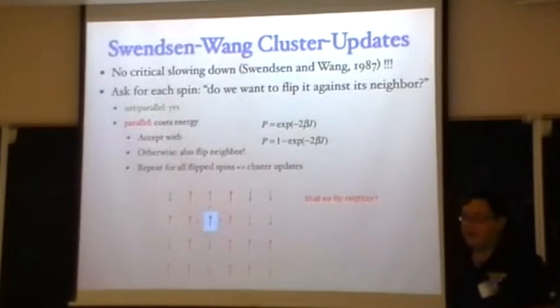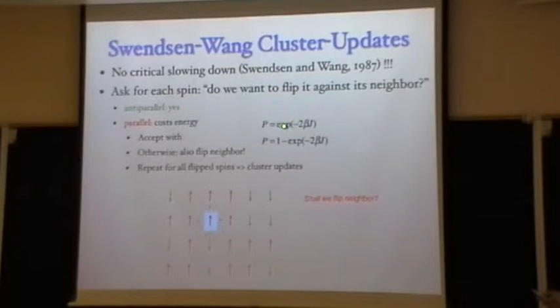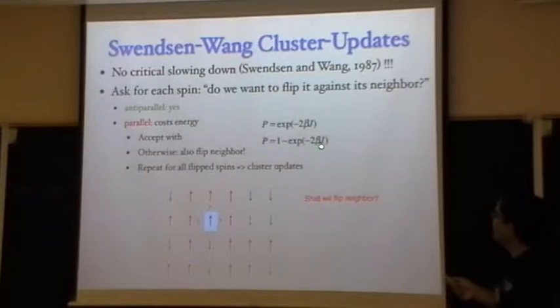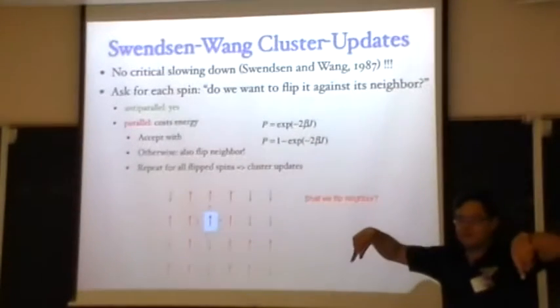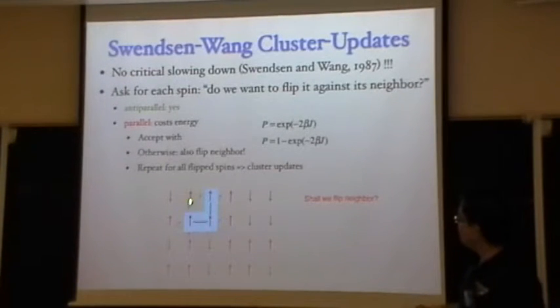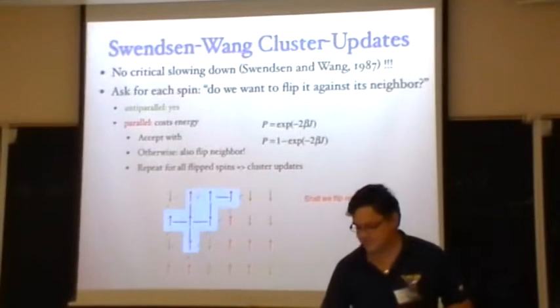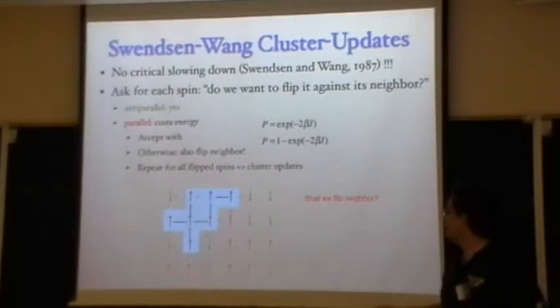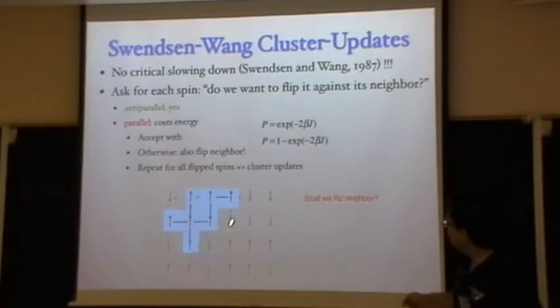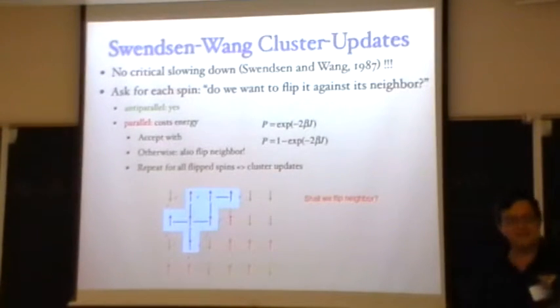So I draw a random number: with probability of exponential of minus 2 beta J I accept the flip, with probability of 1 minus exponential of minus 2 beta J I also force the neighbor to flip. Let's say here that this was okay, but these 2 were not, so I flip the neighbor as well. And that neighbor again has neighbors. I have to check those neighbors, and so on. Here that may be okay, but here and here still have some neighbors that are parallel. I check again, and either I add it to the cluster I flip or I don't.